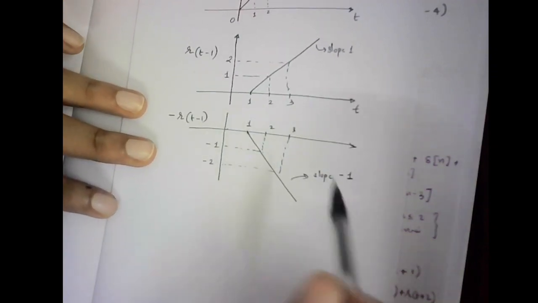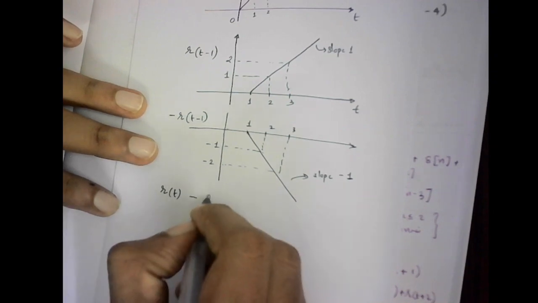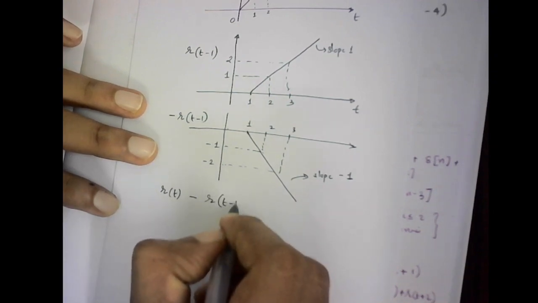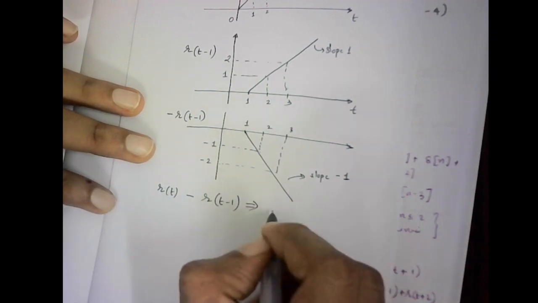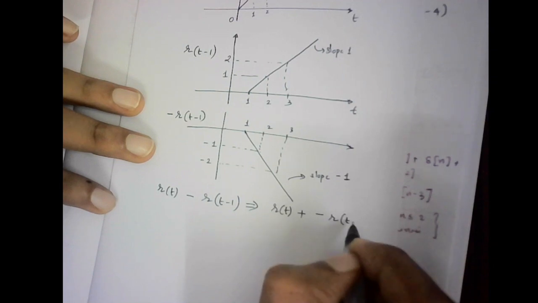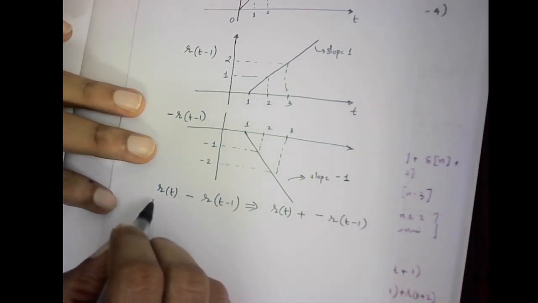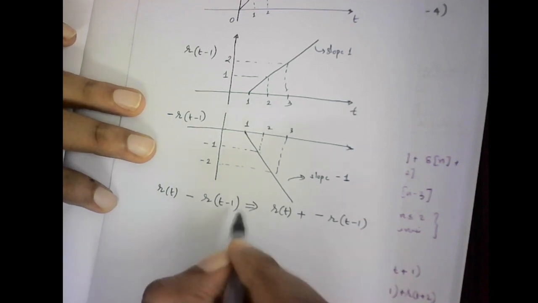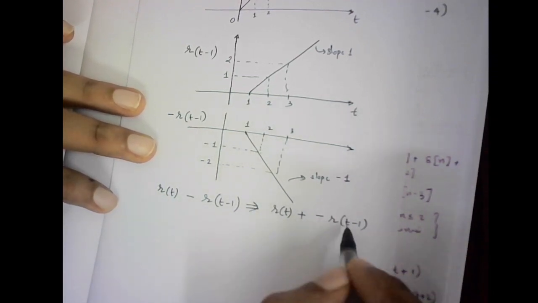Now if you want to find r of t minus r of t minus 1, these are the first two elements, which is basically r of t plus minus r of t minus 1, right? So this is the operation that I am doing. r of t minus r of t minus 1 is equal to r of t plus minus r of t minus 1.